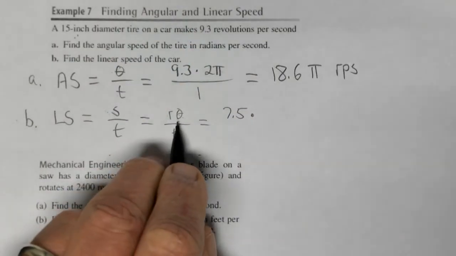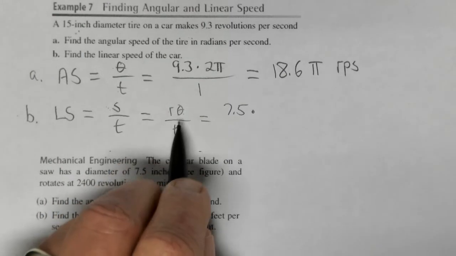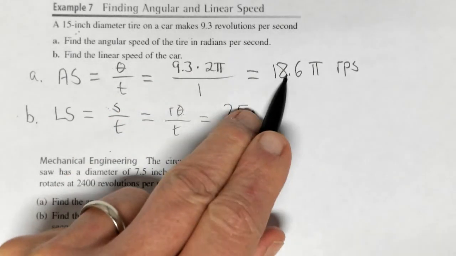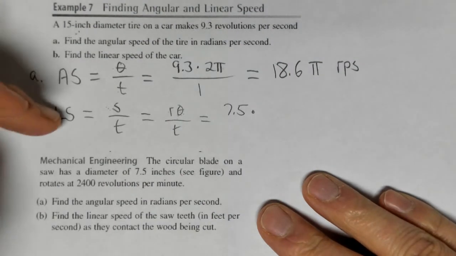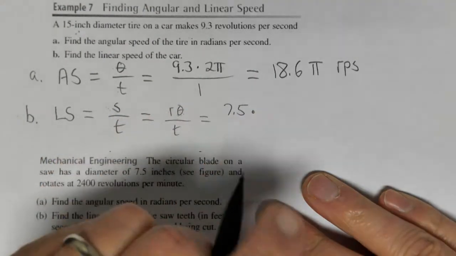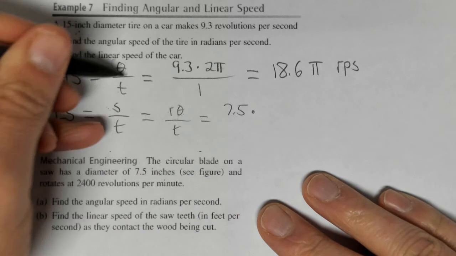Now I need the angle measure in radians. Well, didn't we already calculate the angle measure for 9.3 revolutions? Yes, we did in the other problem. If it's the same problem that wants angular speed and linear speed, you can take the angle that you got there, because this is not going to change from the first problem.